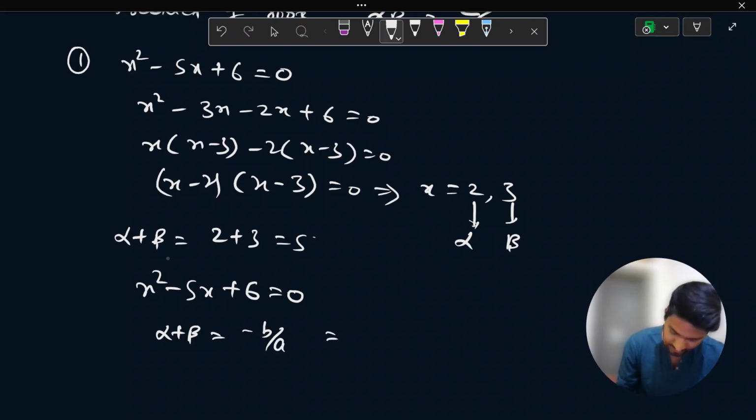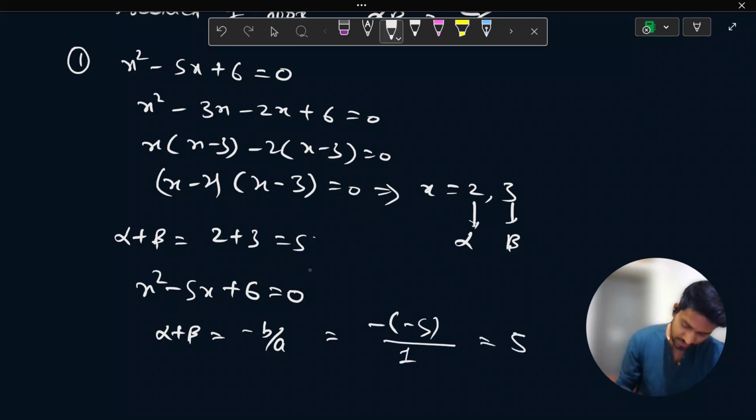Here b is minus 5, a is 1, that is equal to 5. And here we also get 5. So we can say the result which we already know is correct.